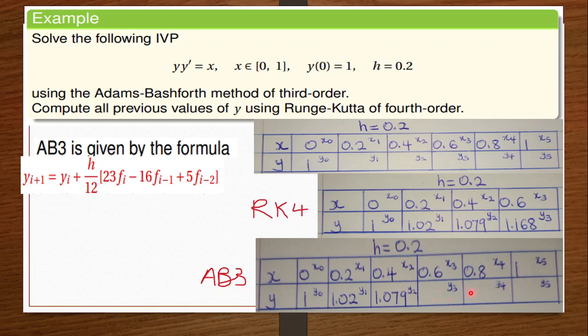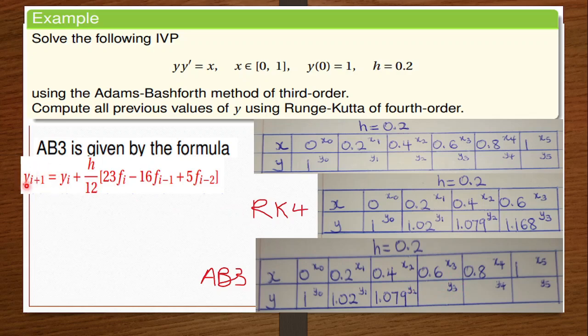If you go back to our formula, as I already said, the Adams-Bashforth is to continue from where the Runge-Kutta left off. It has taken the initial values from the Runge-Kutta and then you use a multiple step method to continue, which is the Adams-Bashforth. I don't want to be talking too much. If you come to our formula, we now want to start the Adams-Bashforth from y3. How do we get y3 from this formula?